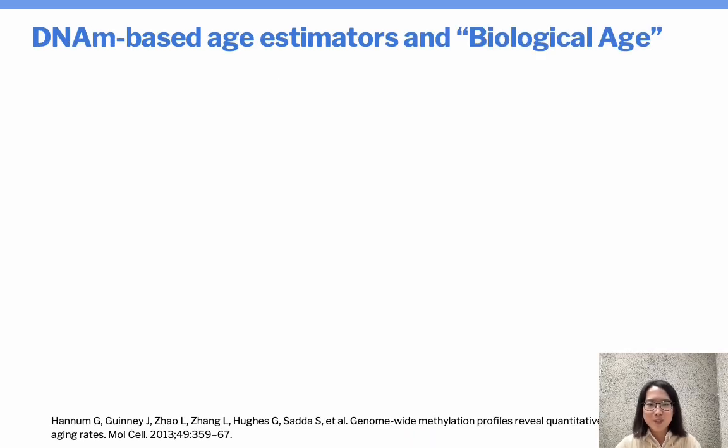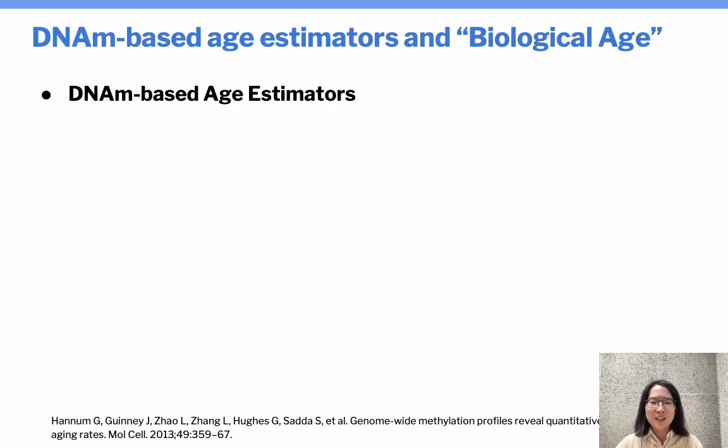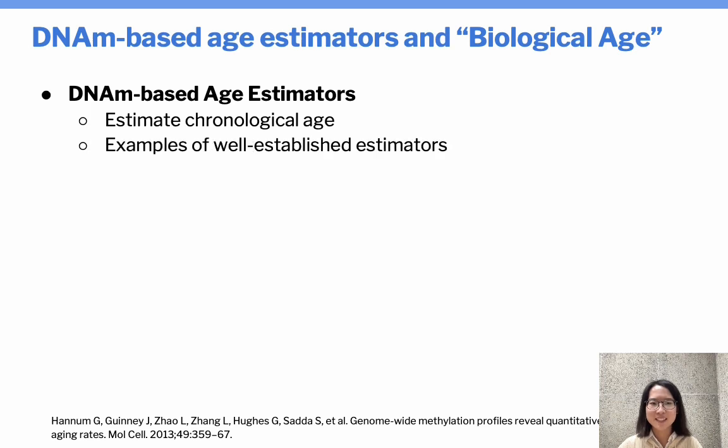2 additional pieces of background information before we proceed. Actually, DNA-M can be used to estimate chronological age, and the estimation is called DNA methylation age. Some example of such estimator is the Hannum clock.